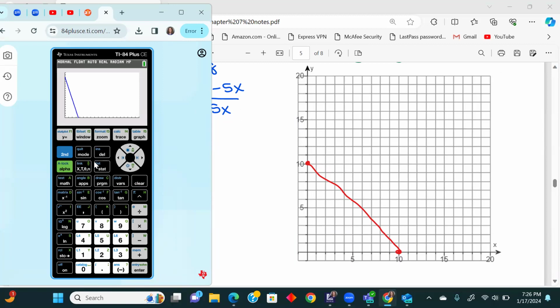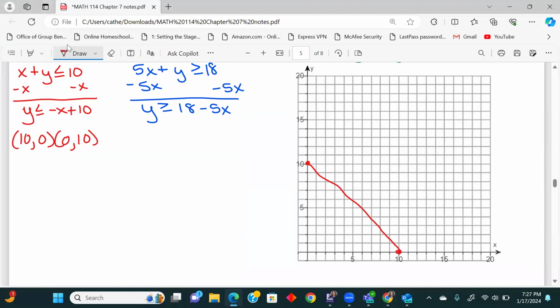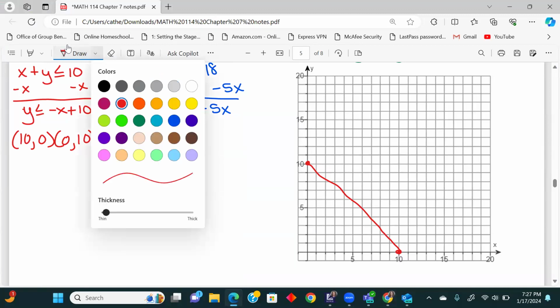All right, that one's kind of steep. Let's do second table. Let's see if I can find the zeros. All right, if we can't find the zeros, it's not. We have 0, 18. I don't have any negative numbers. So let's do 2, 8, and 0, 18. That one's my blue one.